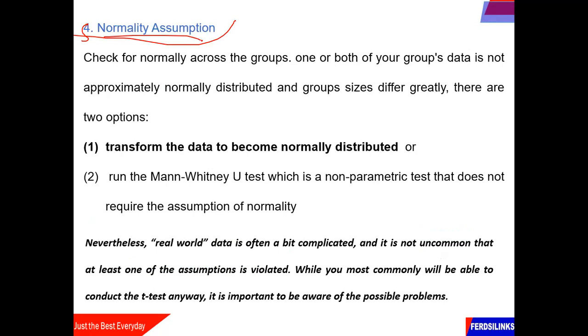We know what it means. If the data is not normally distributed, you can transform the data to be normally distributed, or we use the counterpart non-parametric test, which is the Mann-Whitney U-test.